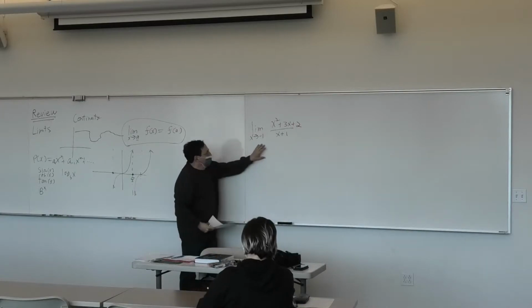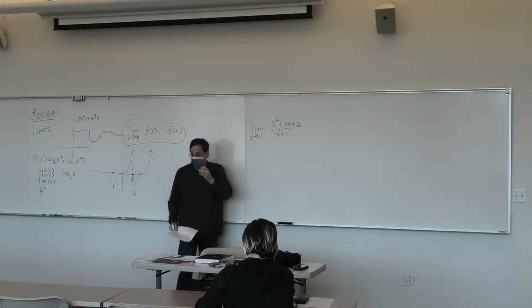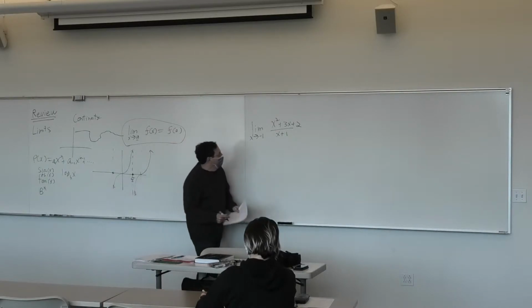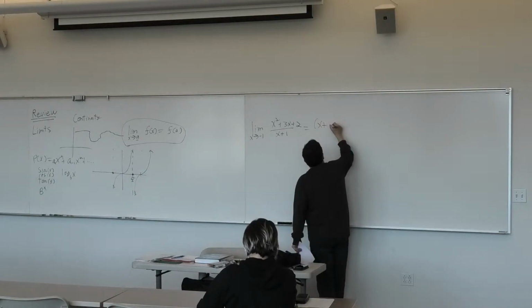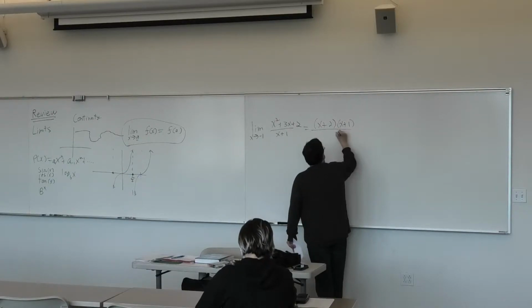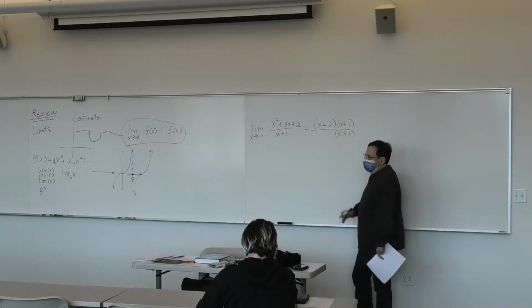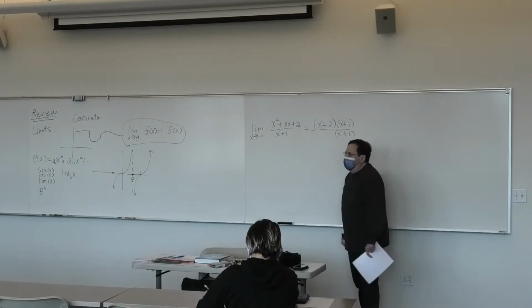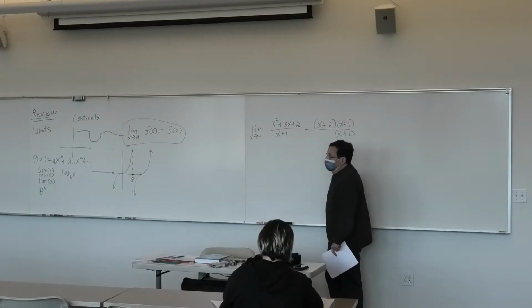Here the denominator has become 0 and the numerator becomes 0. So we've learned two strategies for dealing with this kind of limit. In a simple case like this, we might be able to factor, and using our limit laws, we know the limit of a product is the product of the limits. Well, the limit of (x plus 1) over (x plus 1) is going to be 1. So now the limit here is going to be the limit of x plus 2, which is going to be 1.